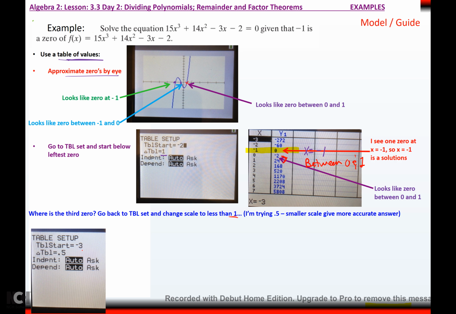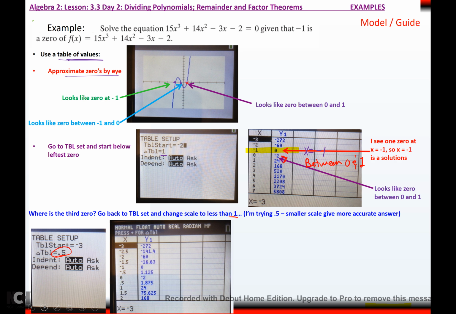So I went to the table, I started at -3, and this time I changed it to count by 0.5s instead of 1s, and again, I'm looking for a sign change in the y coordinates. And sure enough, now that I changed my scale, I can see that at -0.5, my y coordinate is positive, whatever that number is, and at 0, my y is negative.